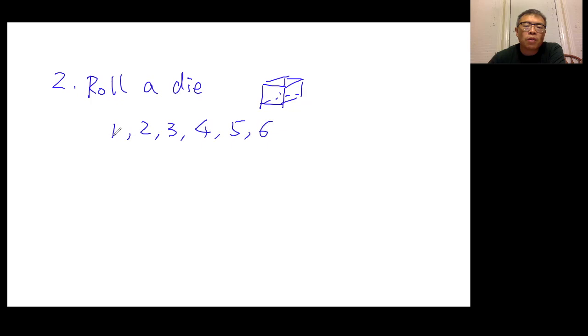For each number, there's only one possibility, right? To get 1, the probability is simply 1/6. This is also 1/6. Each one of these is 1/6. Again, the number of specific outcomes is always 1, divided by the total outcomes, which is 6. So you have 1/6 for all the probabilities.